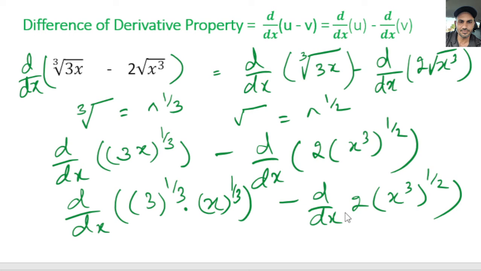So I'm going to take out the constants from the derivative term and put them outside as a multiplier. So let's go ahead and do that. I'm going to take 3 to the 1/3 and just do that.